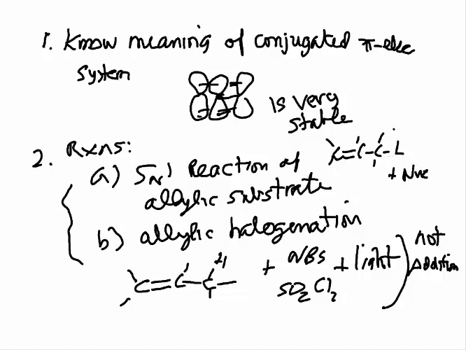So if you see an allylic substrate, that is allylic halide or allylic tosylate, and a nucleophile, well, the nucleophile isn't an ordinary adding reagent. This should be a tip-off, a signal that alkene is not undergoing addition. Instead, it will undergo allylic substitution, where the leaving group gets replaced by nucleophile.